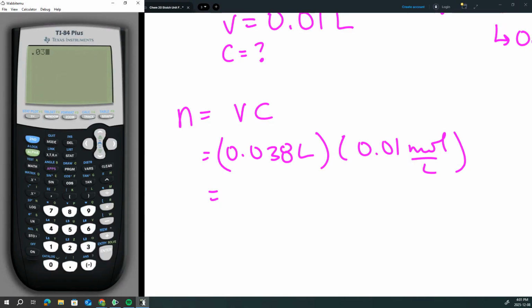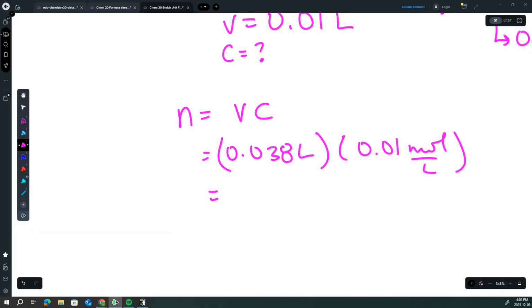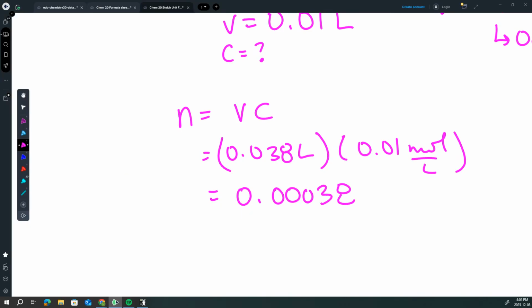So 0.038 times 0.01, that's just going to give us 0.00038. Now, what my calculator has done is give me the answer in scientific notation, so 3.8 times 10 to the power of -4, but we could also write it without scientific notation as well.